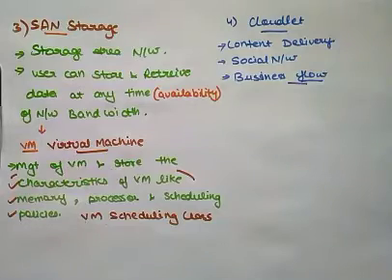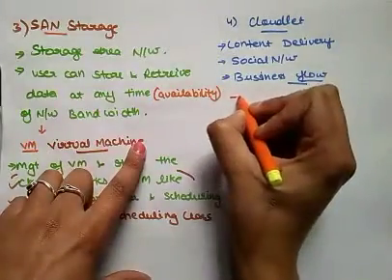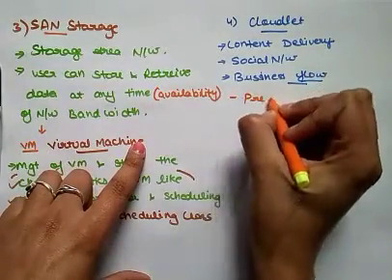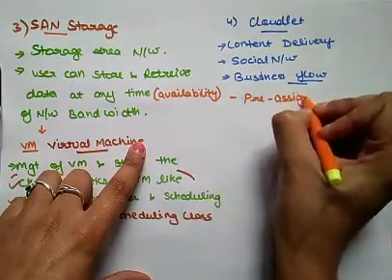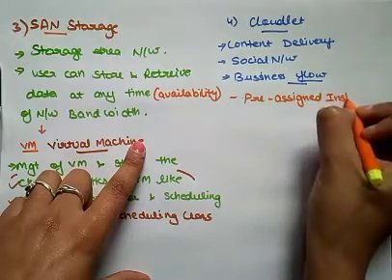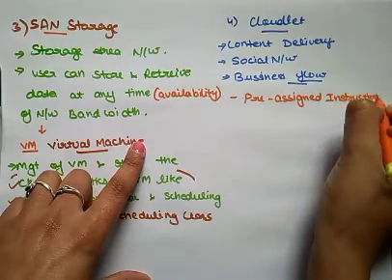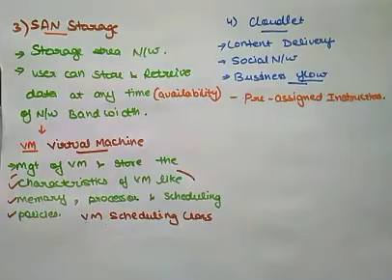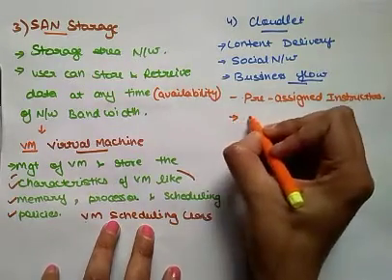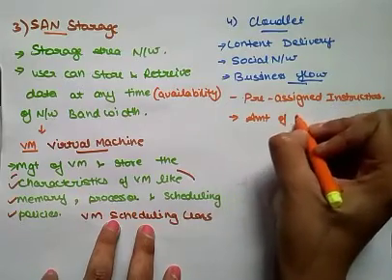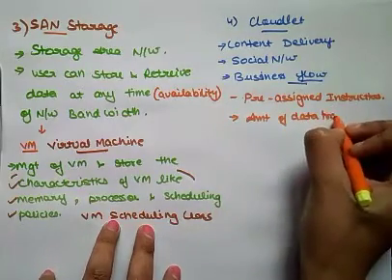The complexity of an application can be represented in terms of computational requirements. Every application component has pre-assigned instructions, and also some amount of data to be transferred.